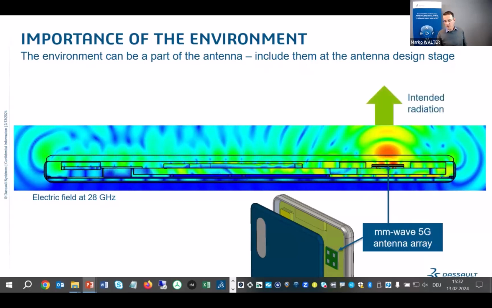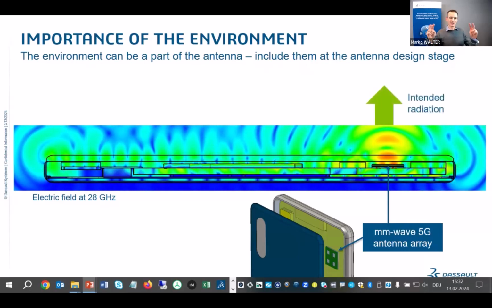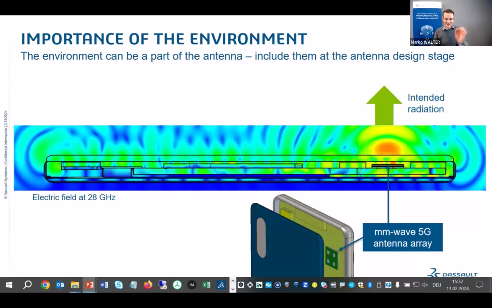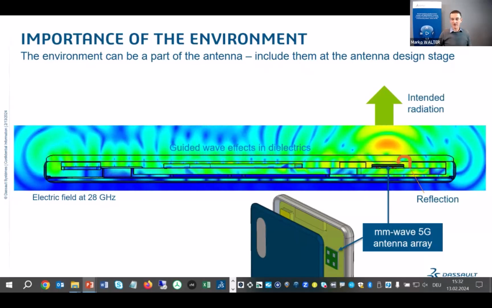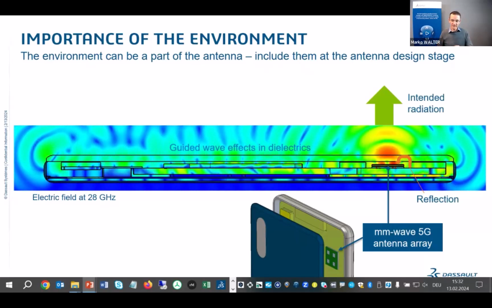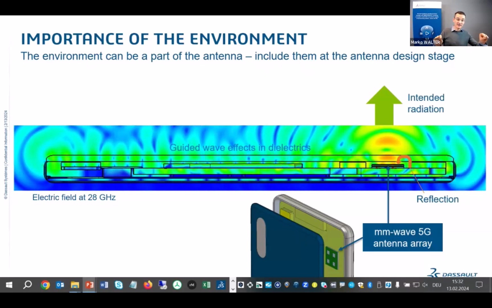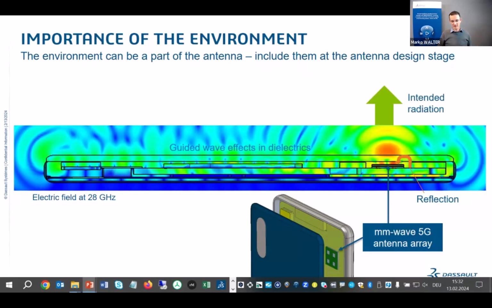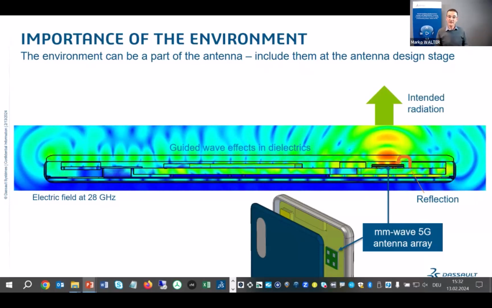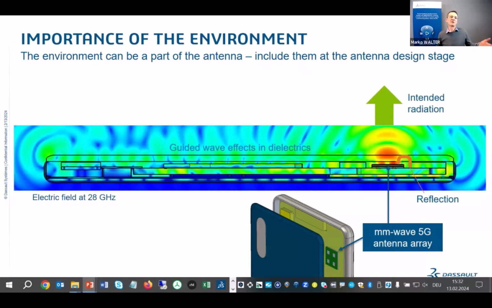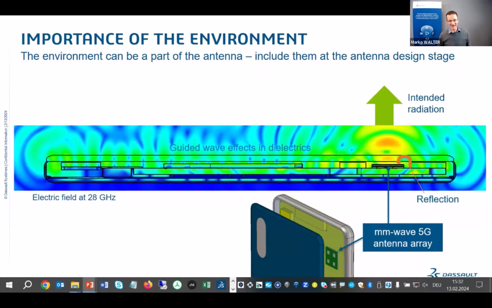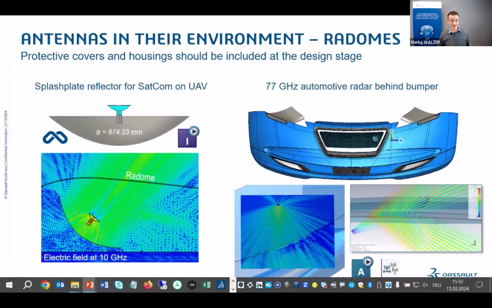So we have what we might intend with the standalone antenna radiating out to the front. However, we have some reflection back from the cover or the radome. We have potentially some waves being guided in the dielectrics and re-radiating at the end of phones. So all these things become a part of the overall radiating structure. We could call it part of the larger antenna, and they have to be taken into account during the design.